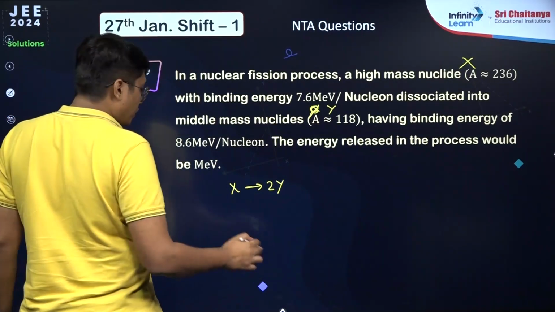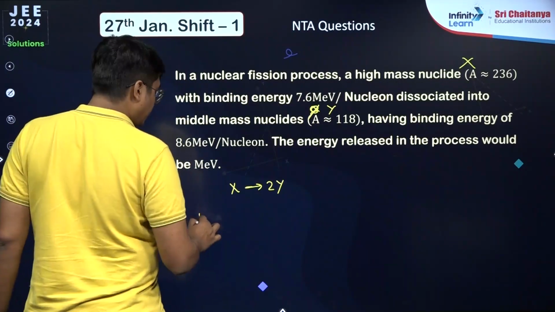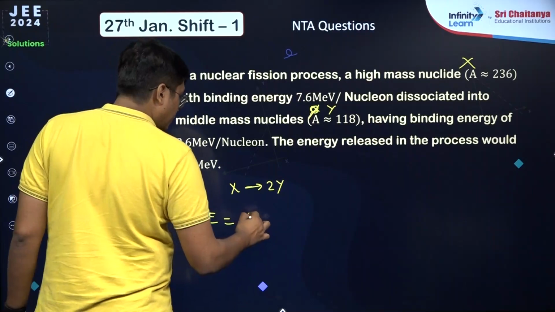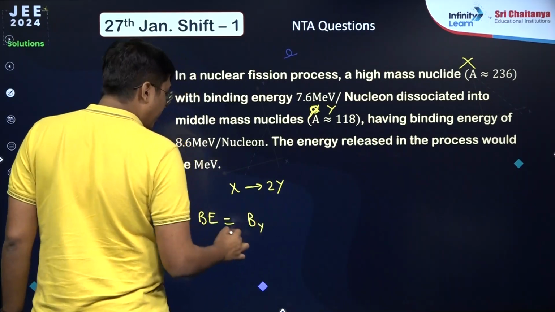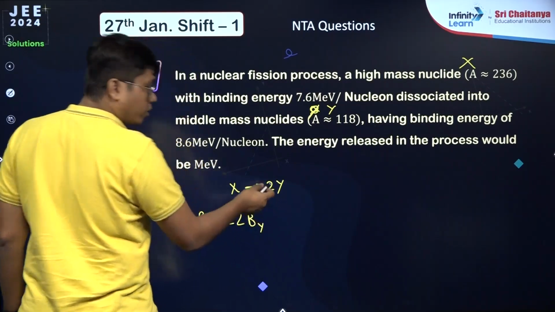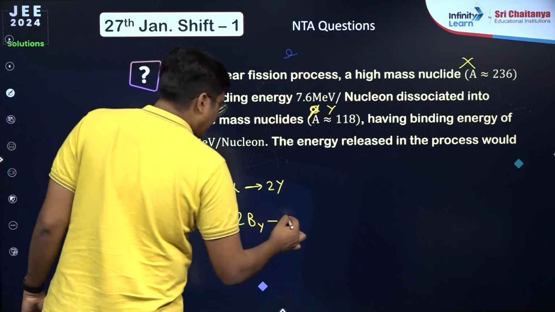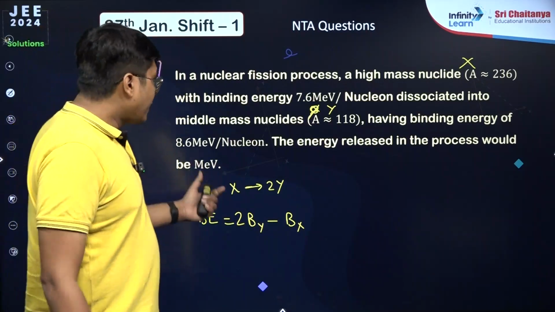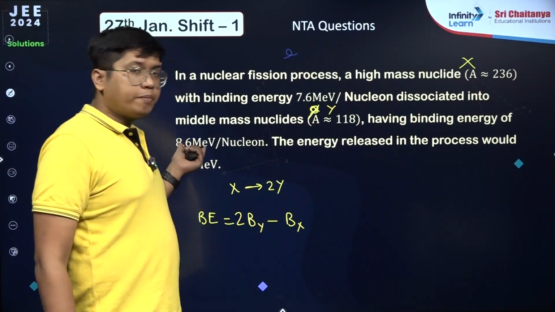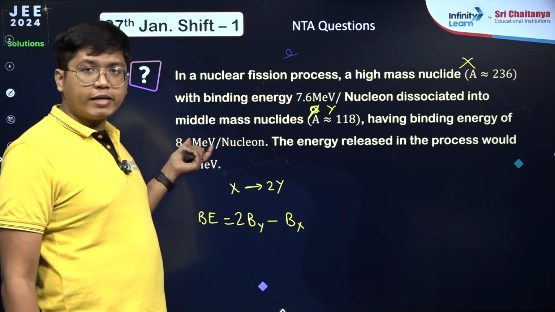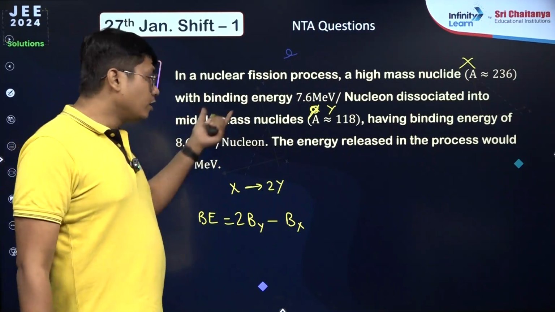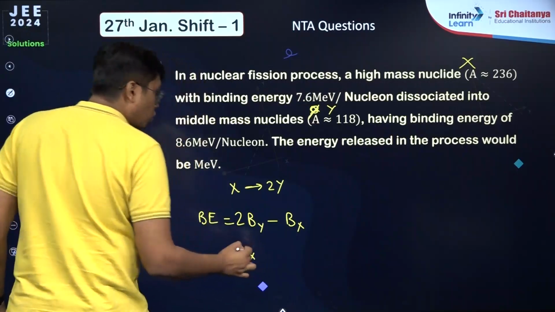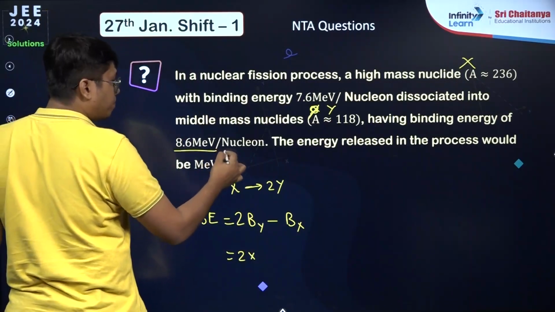So the energy released is just equal to 2 times the total binding energy of Y, because 2 Y's are formed, minus the total binding energy of X. When I say total binding energies, it doesn't mean 8.6. This is per nucleon. So this is 2 into 8.6 per nucleon.